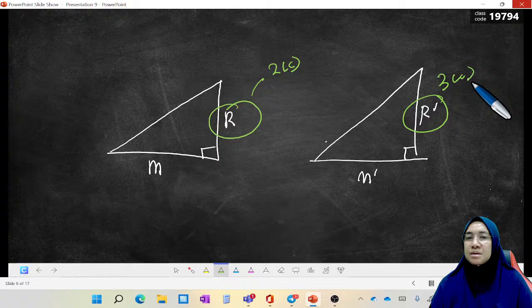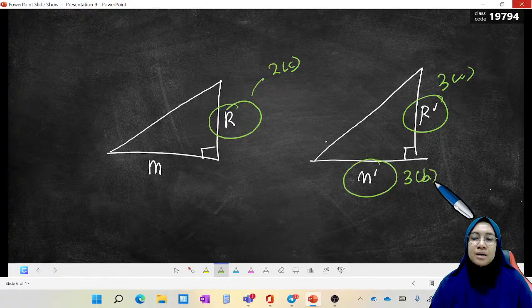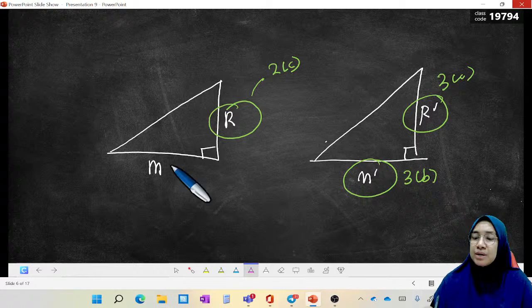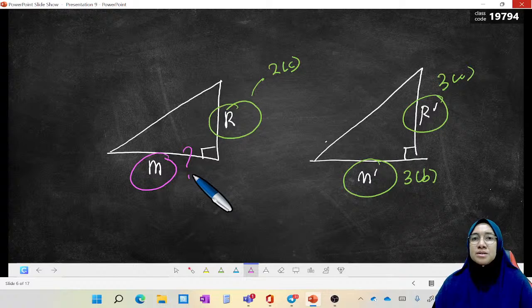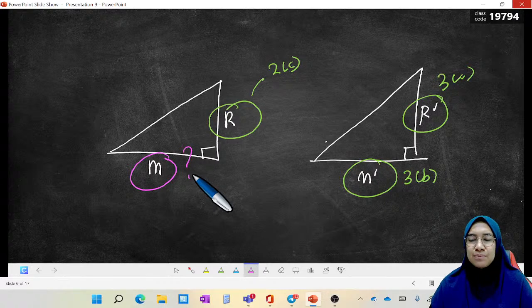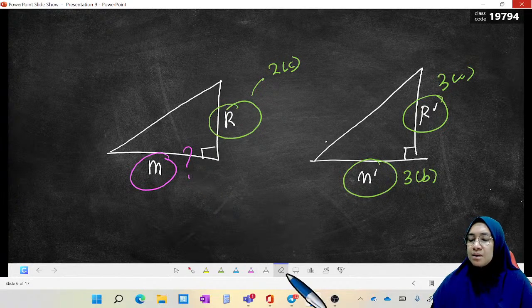M prime we got from step 3B. And M is the unknown. So when we have this, can we create a relationship relating all of this? Of course we can. So what is the relationship?